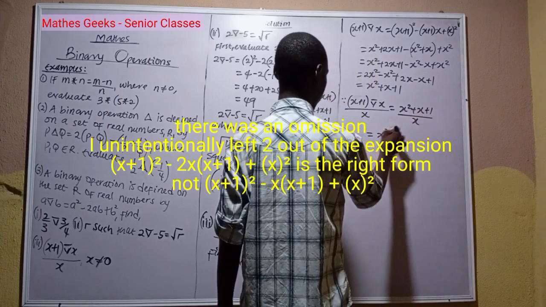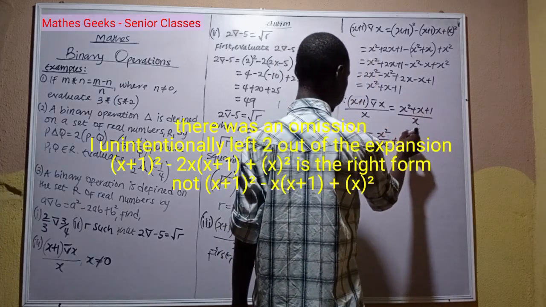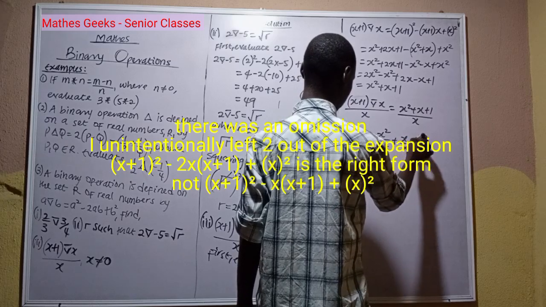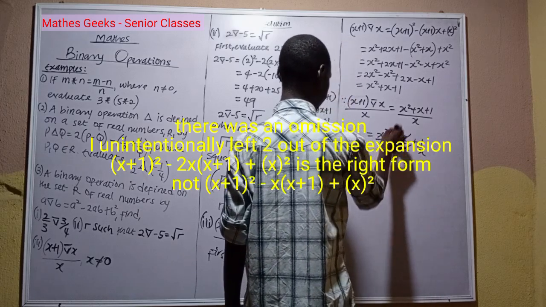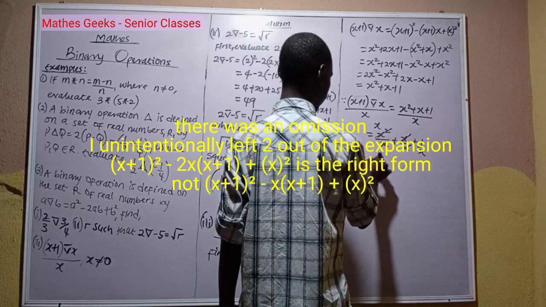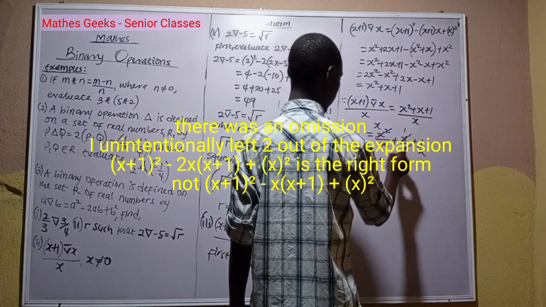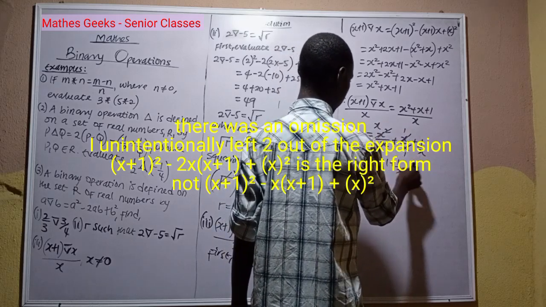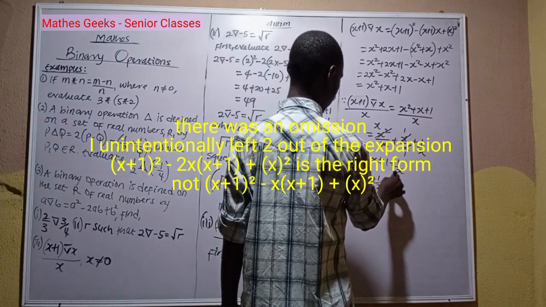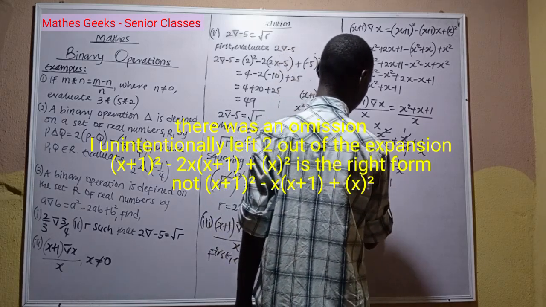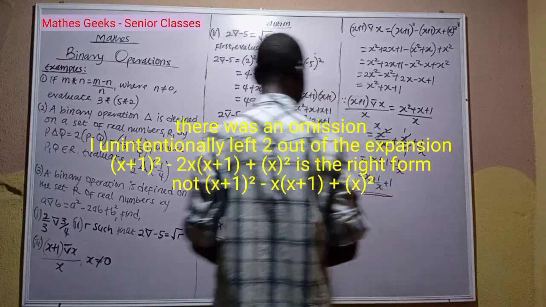This will give us x squared over x plus x over x plus 1 over x. This will cancel, giving us x plus 1 plus 1 over x. Obviously, x plus 1 plus 1 over x is our final answer.